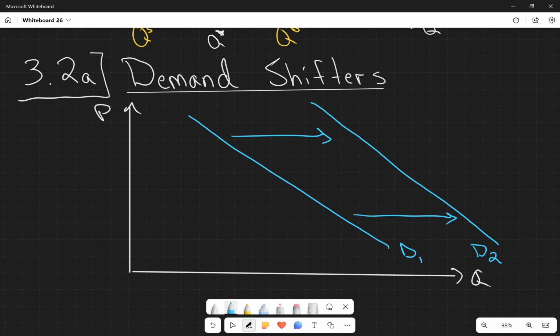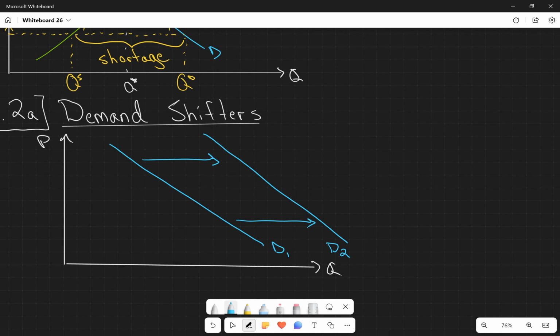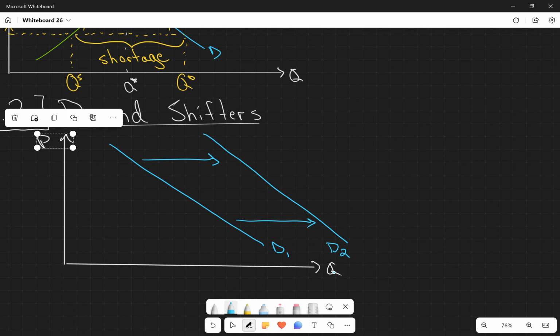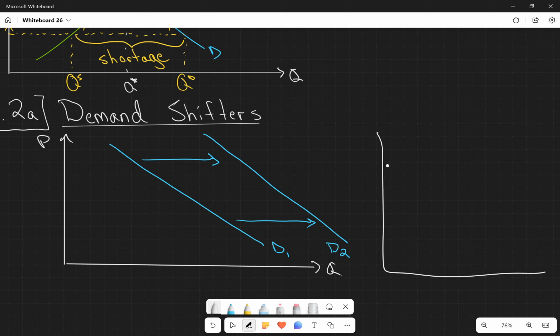Not to be confused with a movement along demand, right? A movement along demand is... come on. You're not going to help me out? Okay. Fine then. Should have just drawn it myself. Price, quantity, demand. A movement along demand is something like this.